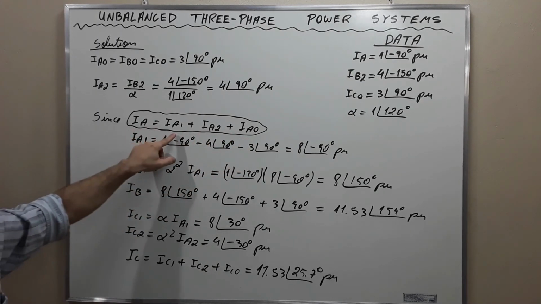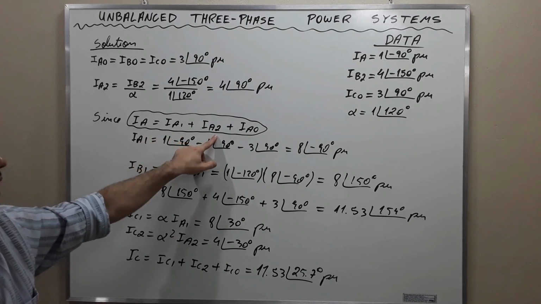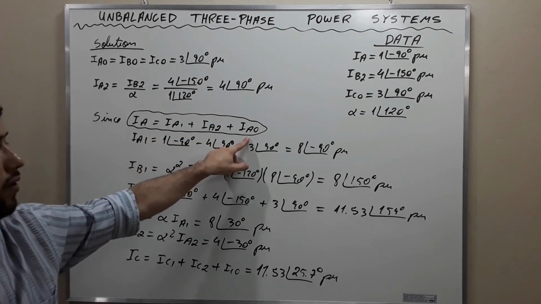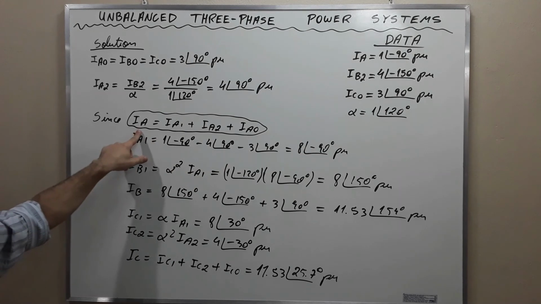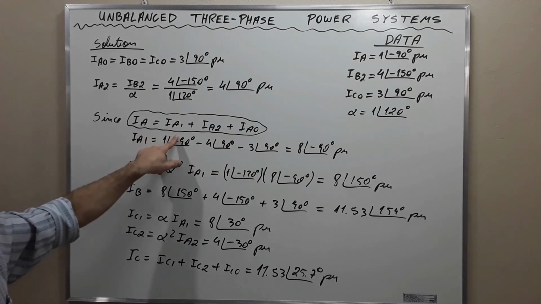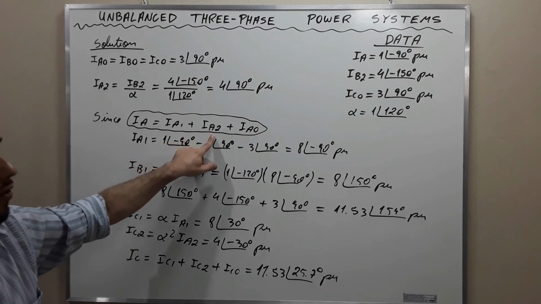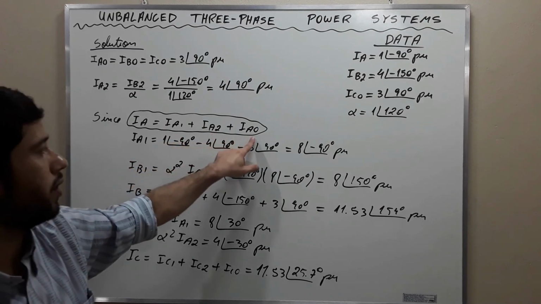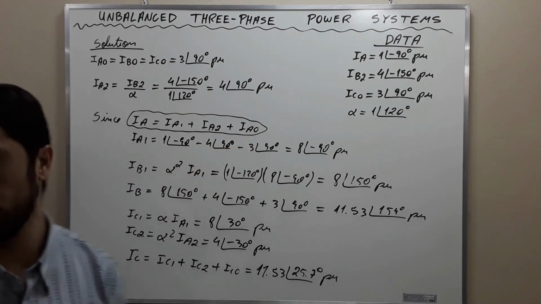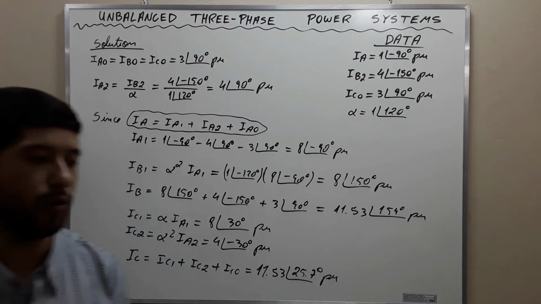IB is equal to IB1 plus IB2 plus IB0, and IC the same. The measured current is equal to the sum of the positive sequence component plus the negative sequence component plus the zero sequence component. Alright, my friends, this is the video that I wanted to make.